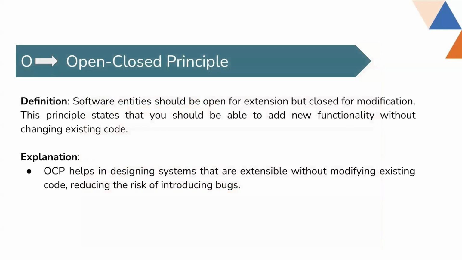Now if we go to the other principle, the open closed principle, it says software entities should be open for extension but closed for modification. Again, let's give an example so that it is a good idea. Suppose in our company we have policies that are used in many areas.